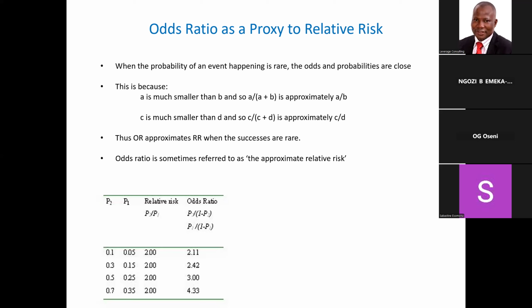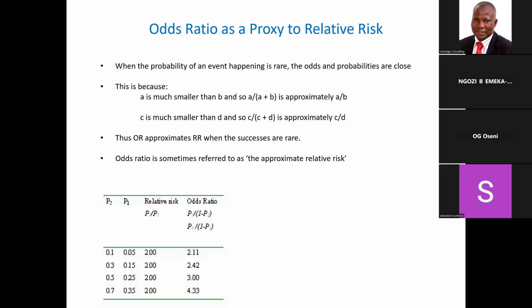And the odds ratio, if you remember, is AD over BC. So when you now divide them, A over B divided by C over D, if you do your change, you calculate, you will get A over B times D over C, which is AD over BC.